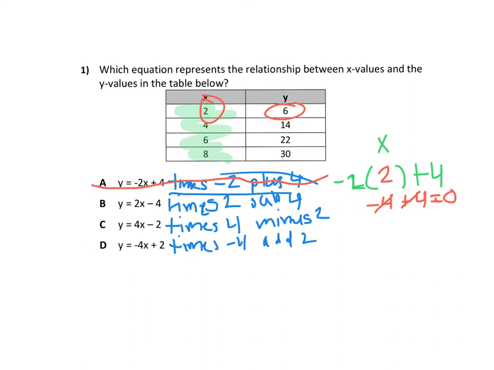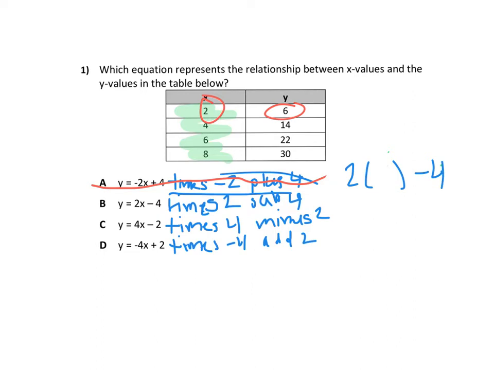All right, so let's look at another rule and see if we can figure out what it is. Again, I can still plug in 2, but this time I want to change the rule here. All right, so let me erase that. So let's look at the second rule. So it says times 2, so 2 times some number minus 4.